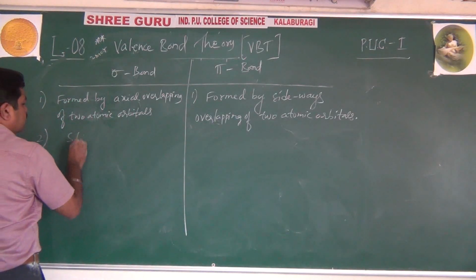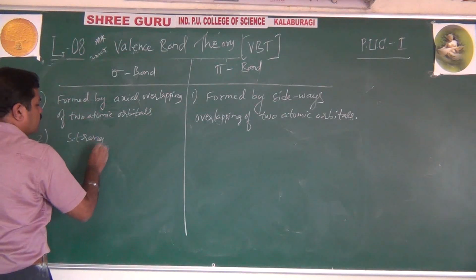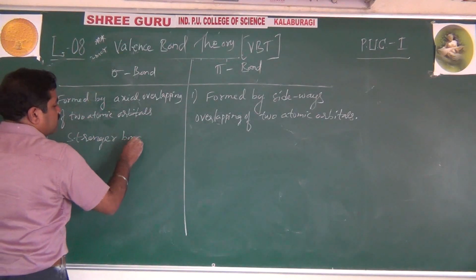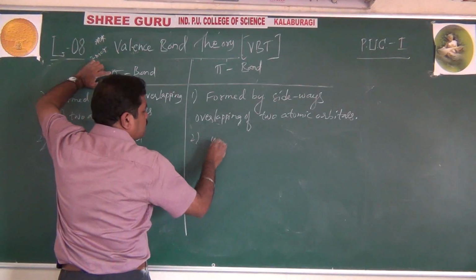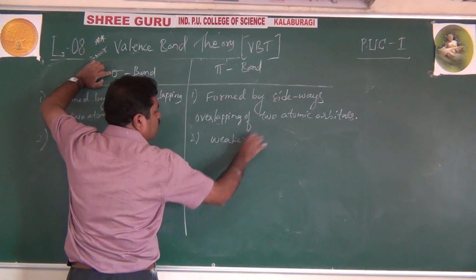Sigma bond is a stronger bond. Why? Extent of overlapping is high. Pi is a weaker bond.